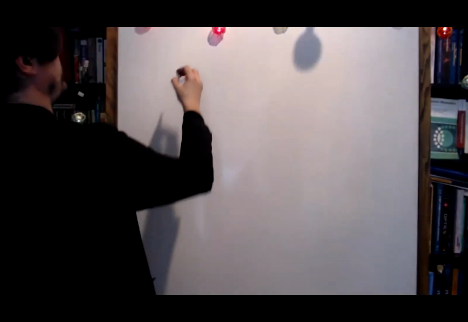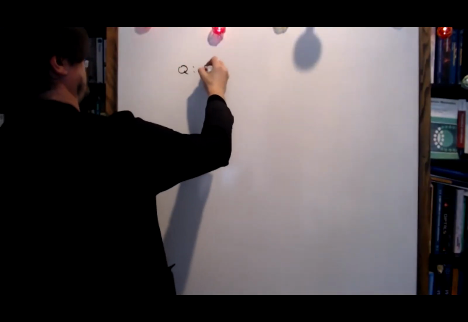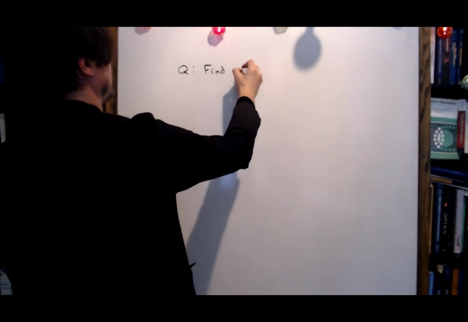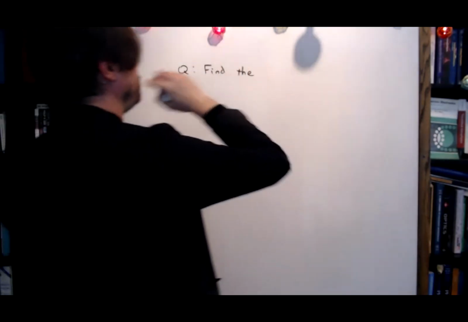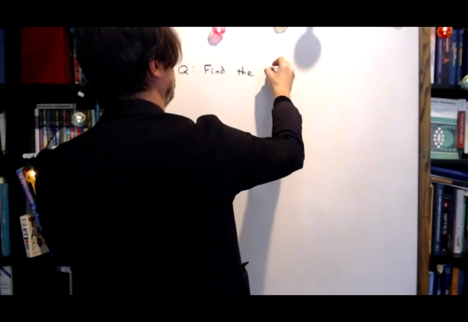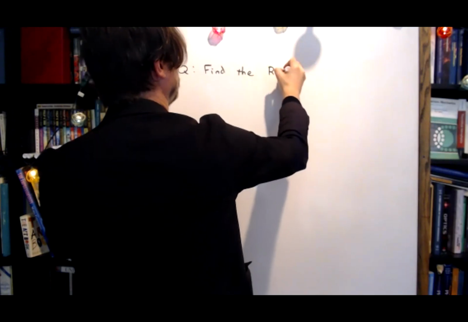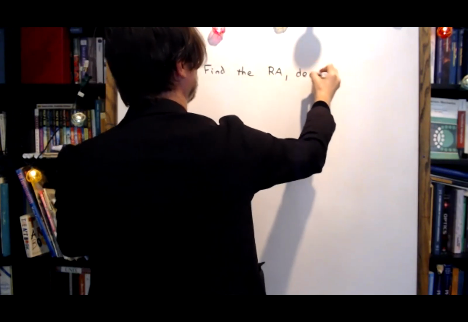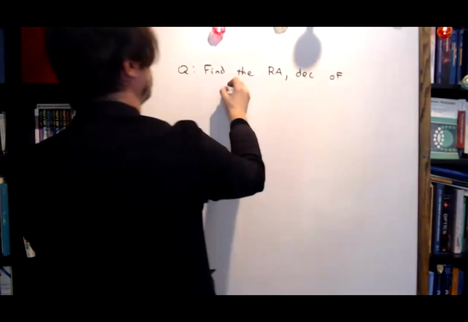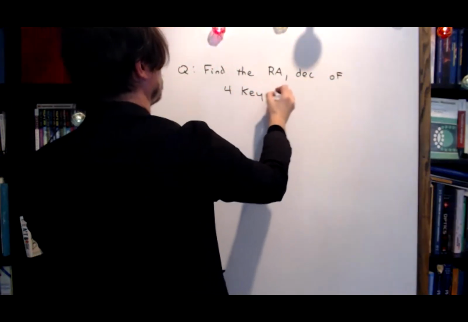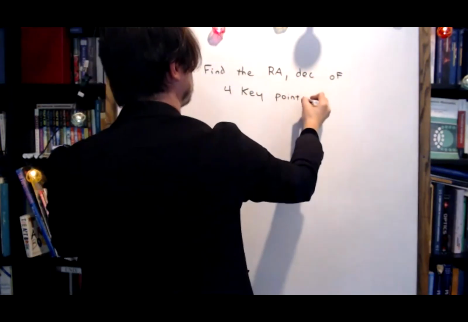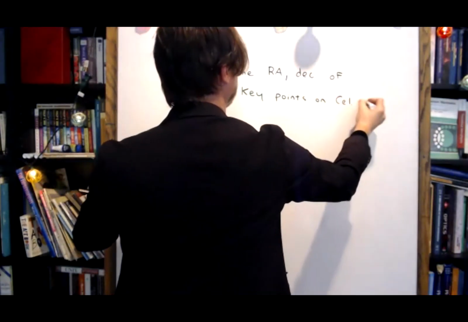Here's the in-class question. Find the right ascension and declination of the 4 key points on the celestial sphere.